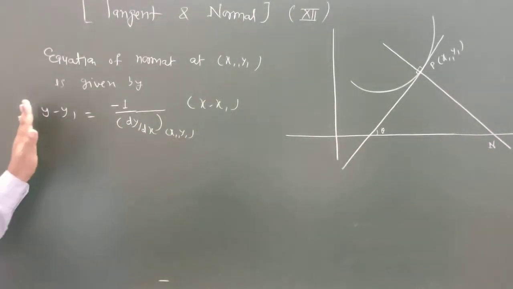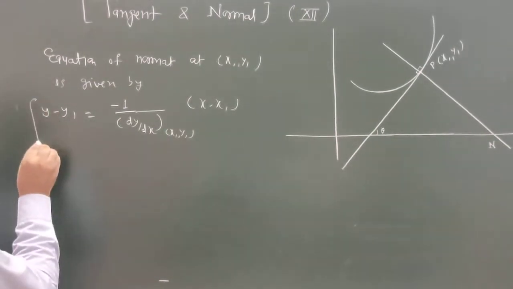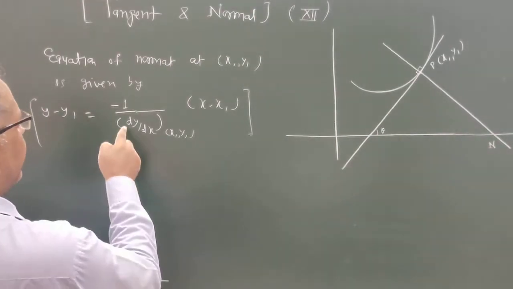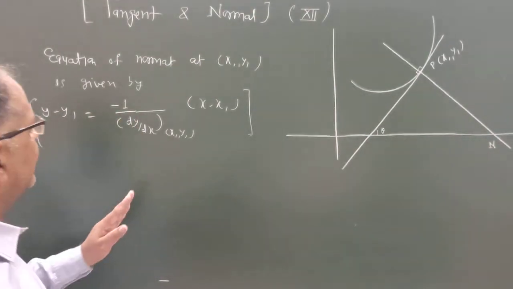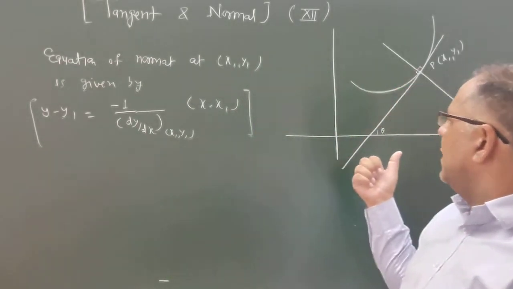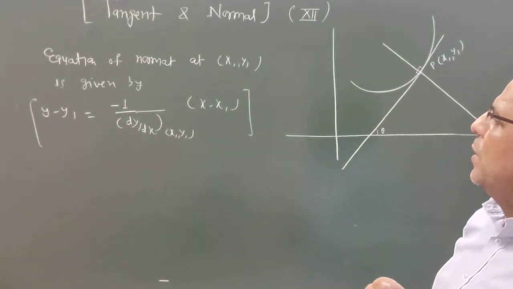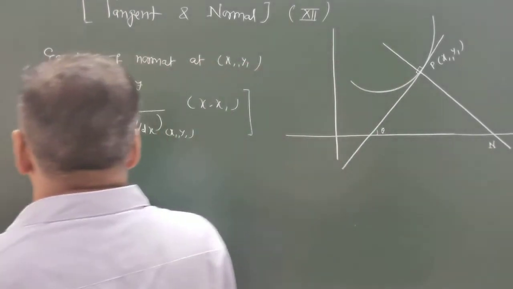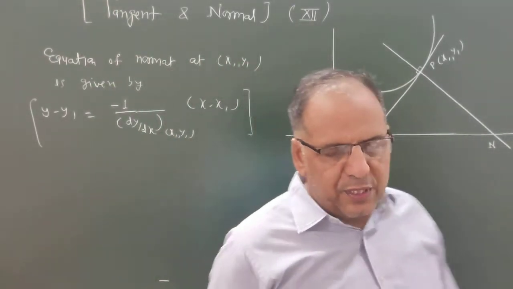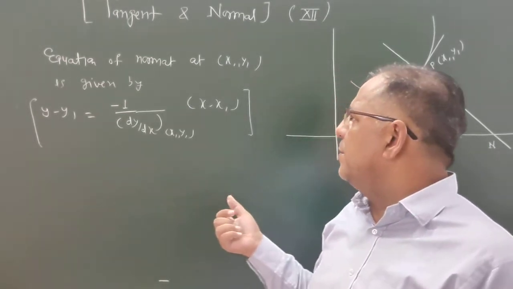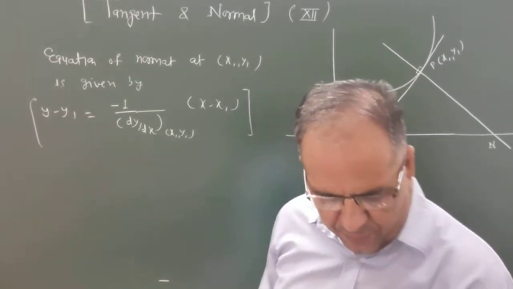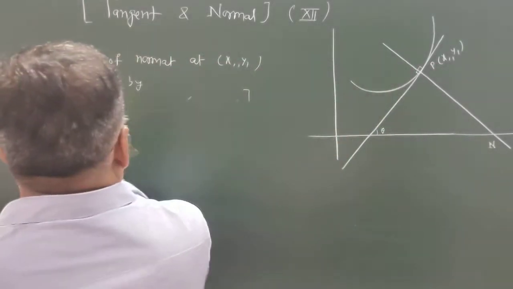This is the equation of normal at point (x1, y1). Here minus 1 upon dy over dx at the point (x1, y1) represents the slope of the normal at the point (x1, y1). And similar practice we can do with the equation of curve given in parametric form.